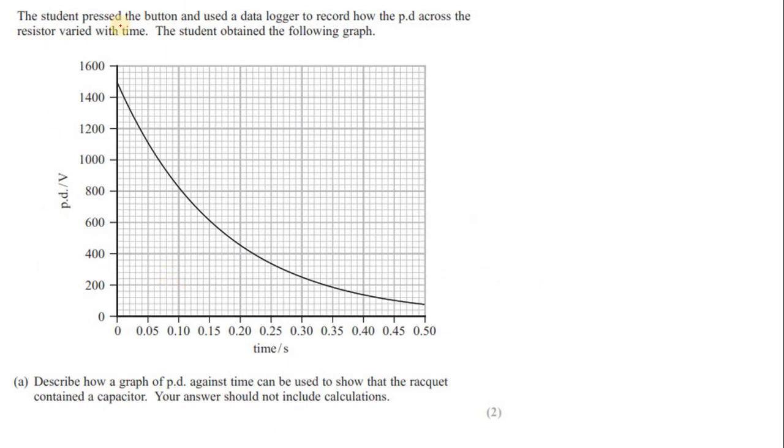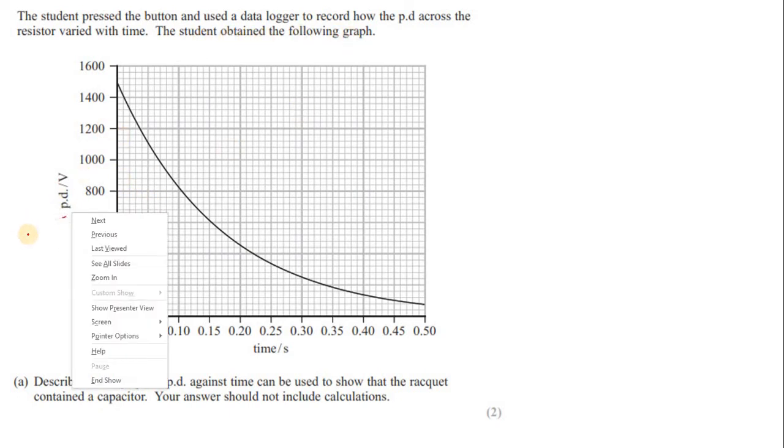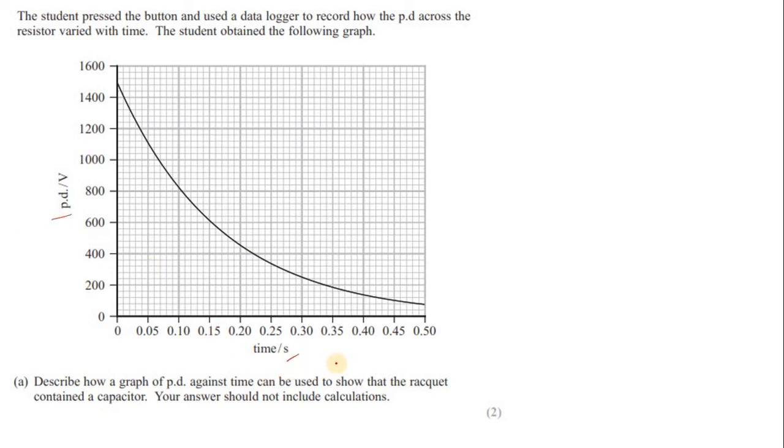The student pressed the button and used a data logger to record how the potential difference across the resistor varied with time. The student obtained the following graph. So we have a graph of decreasing potential difference with time. Describe how a graph of potential difference against time can be used to show that the racket contains a capacitor.